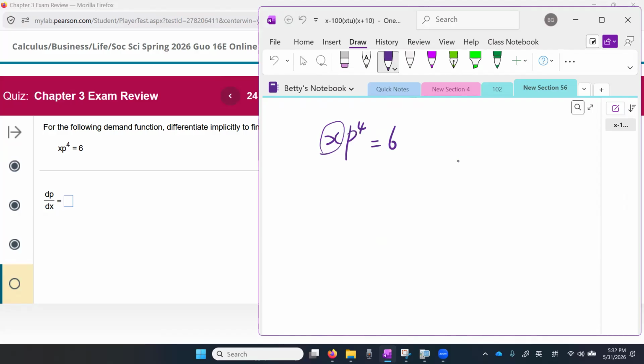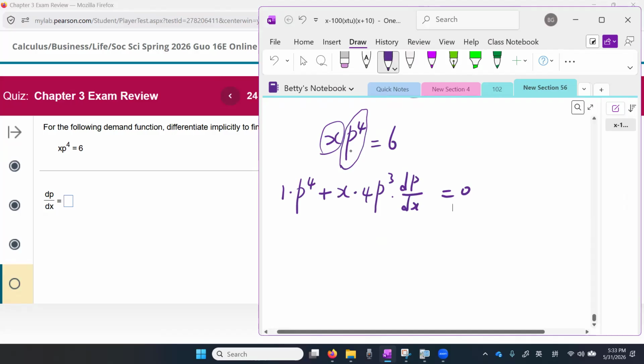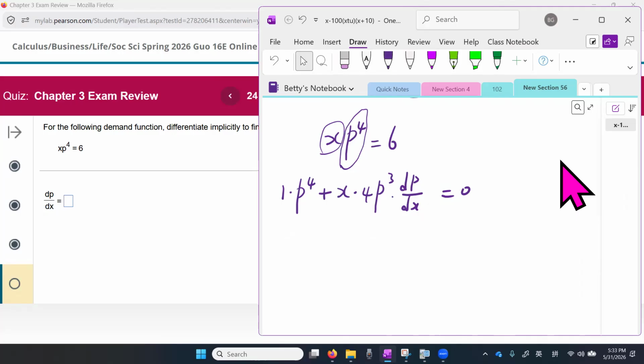Take the derivative of x times p to the fourth, plus keep x times the derivative of this part with respect to x, so it's 4p cubed dp/dx. Constant derivative is 0. Okay, let me double check. Derivative of x is 1. Keep p to the fourth plus keep the first part times the derivative of this part, so 4p cubed times dp/dx. Okay, and then we're going to solve for dp/dx.